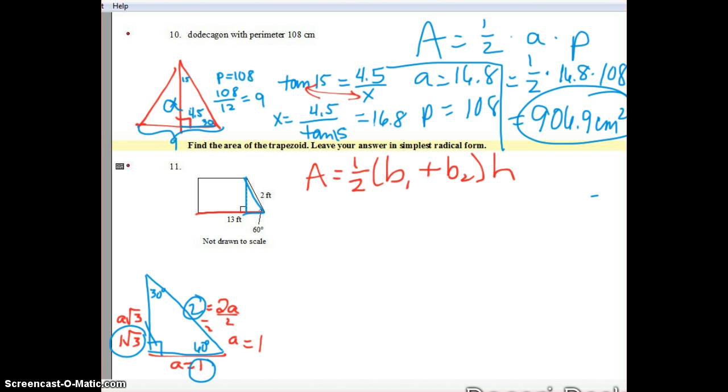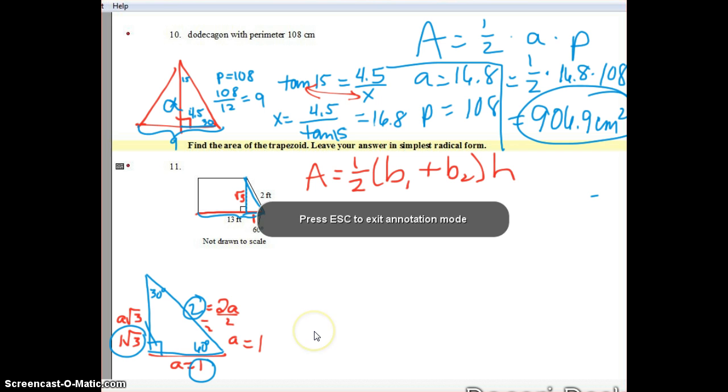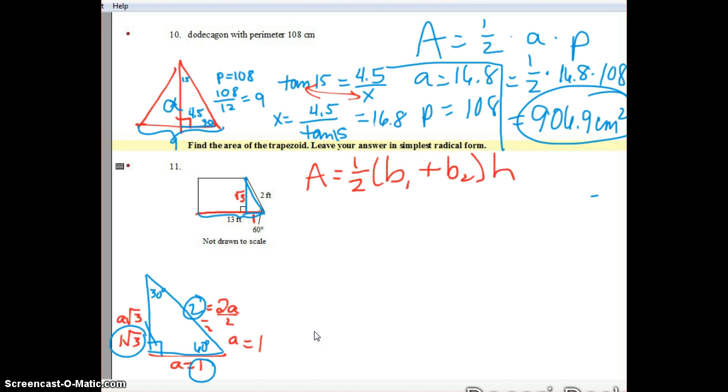And we can put those back in our triangle that we have. Again, this is 1. The height is square root of 3. And if this whole thing is 13, then we have a side that's 1, and then we also have a side that's 12, because 12 plus 1 is our 13.